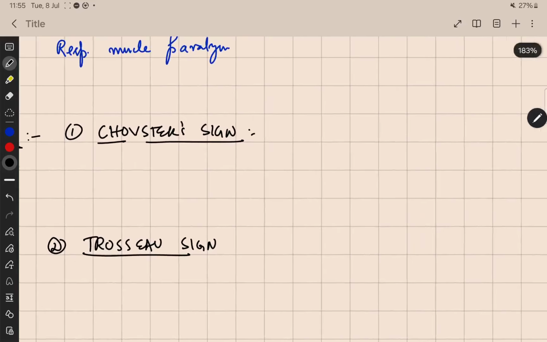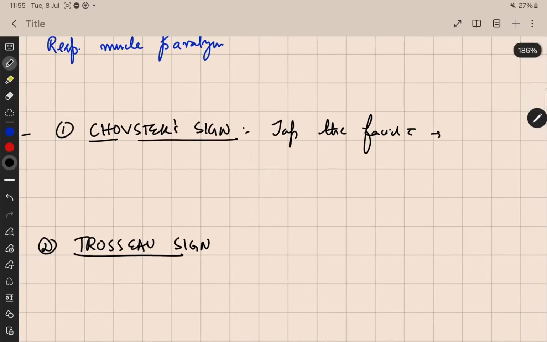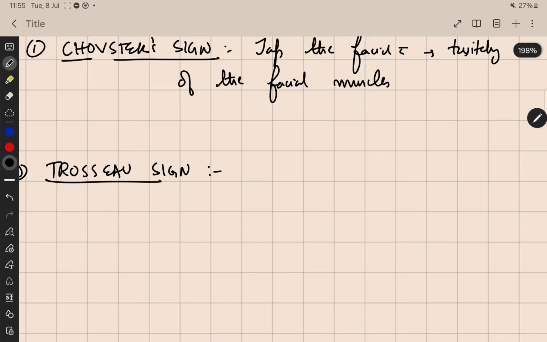Chvostek sign is when you tap the facial nerve, it will cause twitching of the facial muscles. While in case of Trousseau sign, there will be carpopedal spasm.